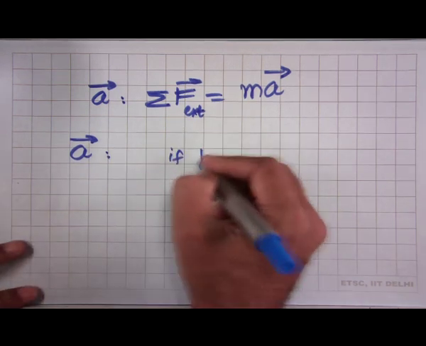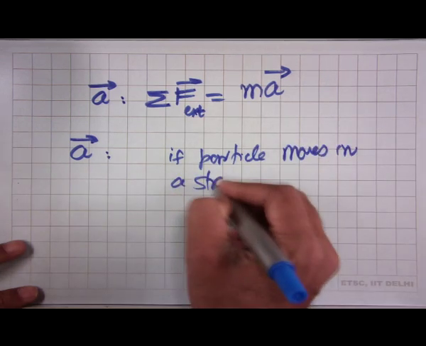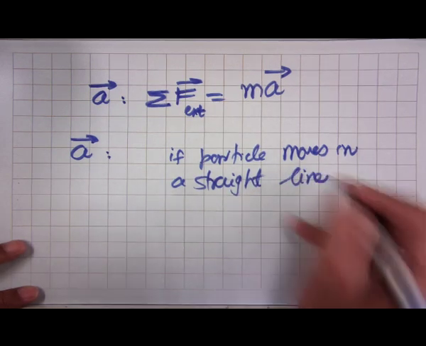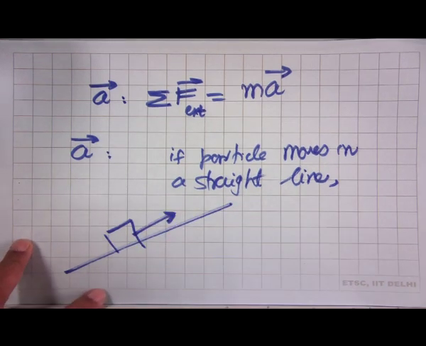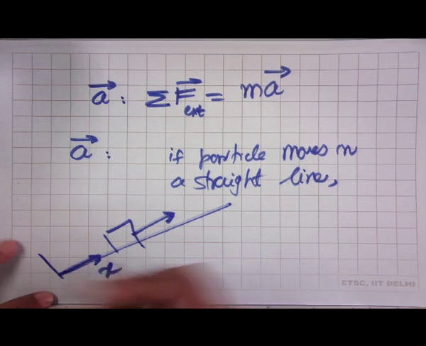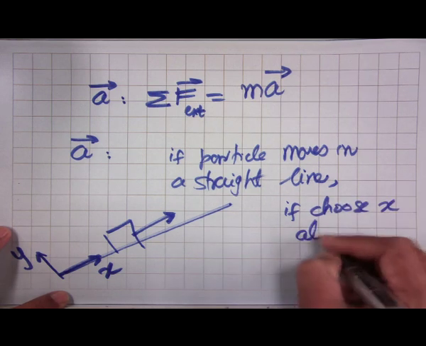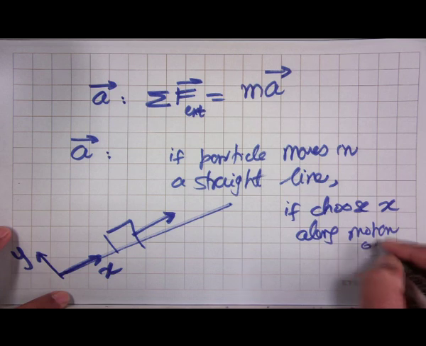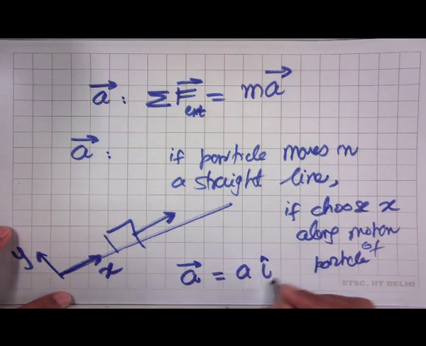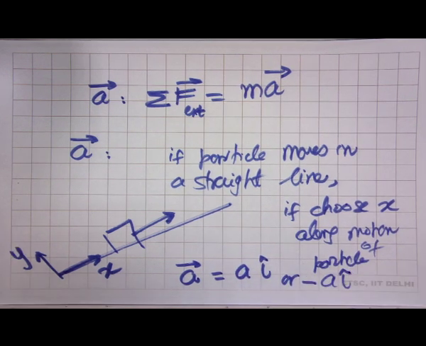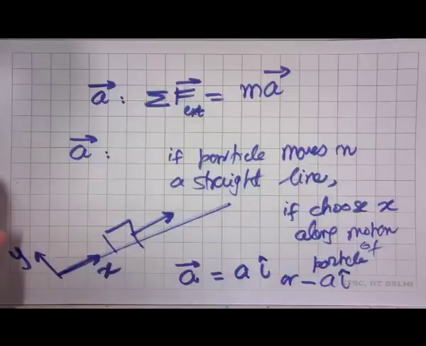If the particle moves in a straight line, let us say the particle is moving like this, and I choose x along the motion of the particle, then the acceleration vector will be equal to a times i or minus a times i, depending on if the particle is moving up or down.